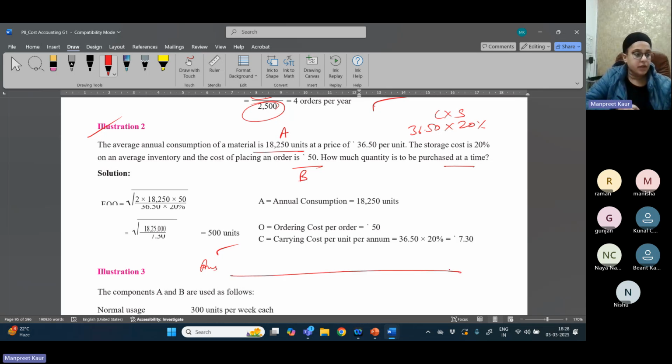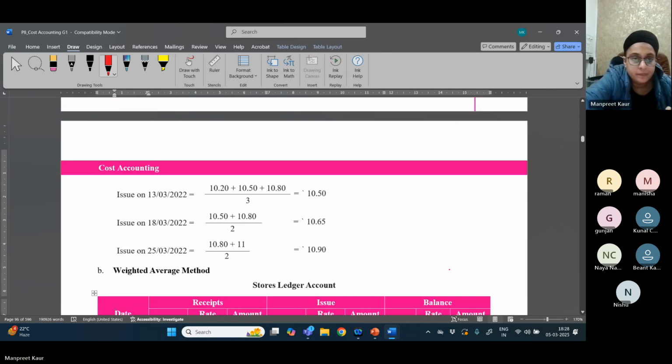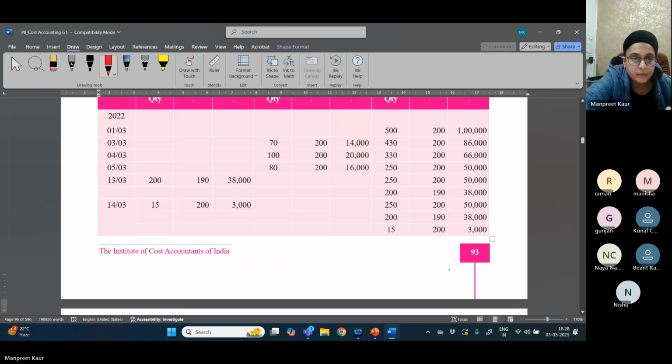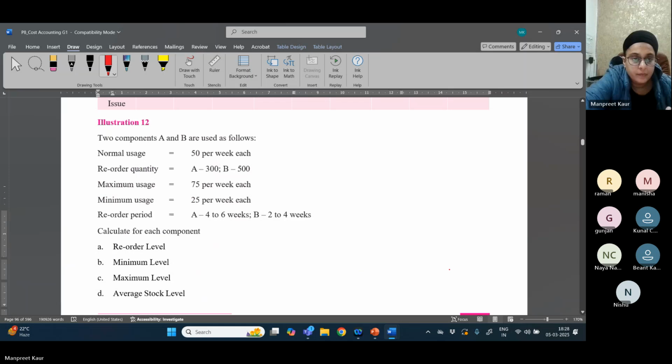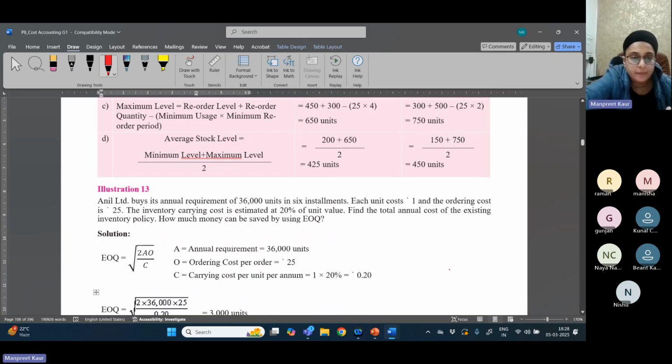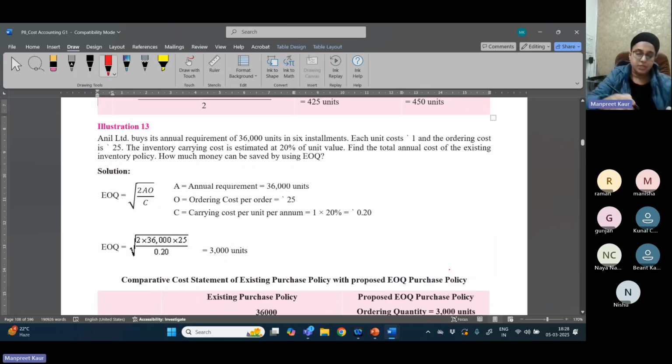Okay. Next, come to question number 13, page number 100. Question number 13 says, Anil Limited's annual requirement is 36,000 in 6 installments, that is, 6 orders. 36,000 units is the annual demand.